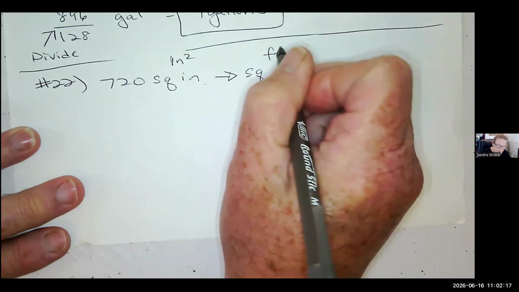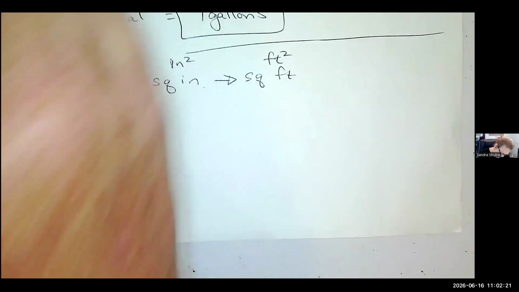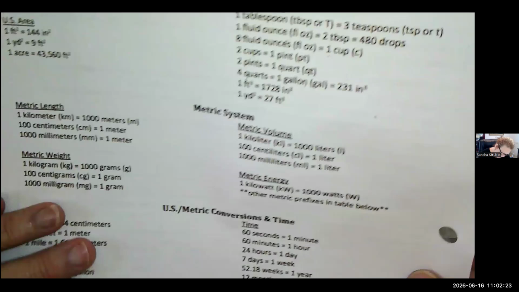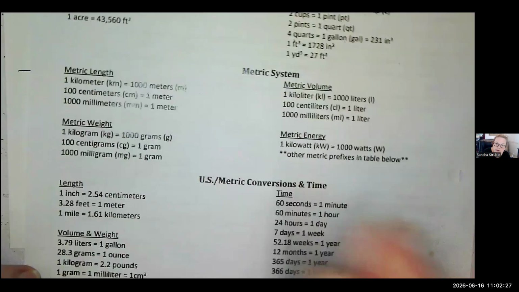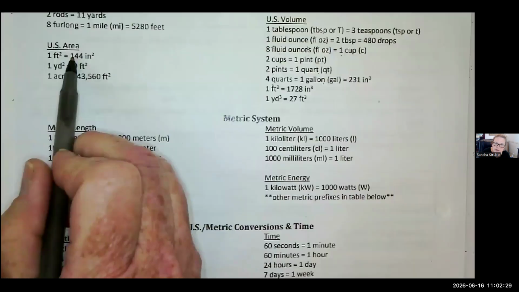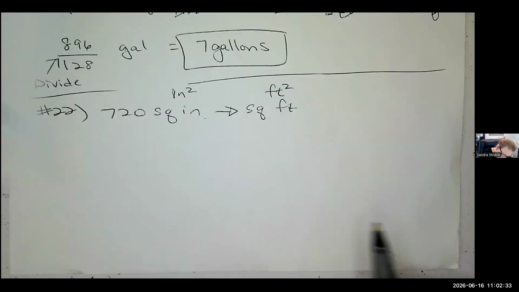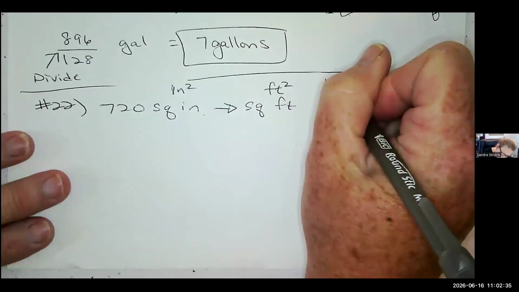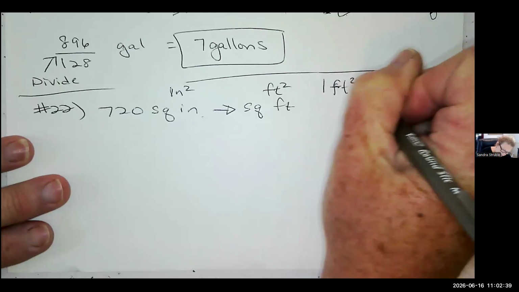Now, we only know based on the length. Now, do we have area on here? Right here. It's already given to you. Fantastic. I gave it to you right here. So 1 square foot is 144 square inches. Foot squared is 144 inches squared. So that's just one conversion.